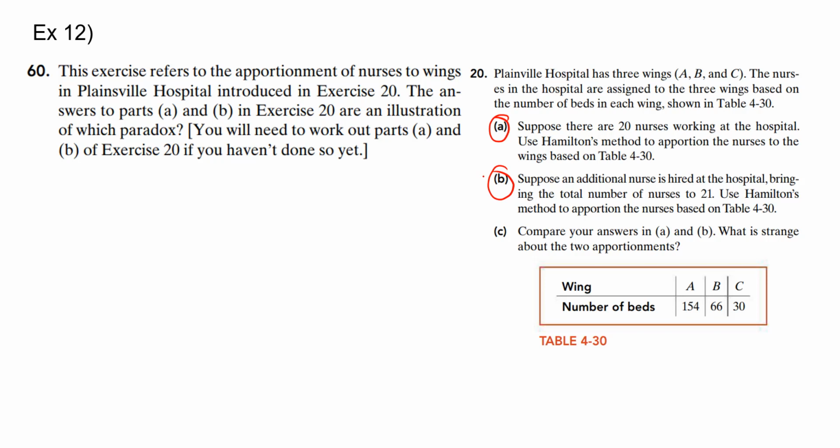Those are the three. So suppose there are 20 nurses working at the hospital. Use Hamilton's method to apportion the nurses based upon this. Suppose an additional nurse is hired at the hospital, bringing the total nurses to 21. Use Hamilton's method of apportionment for the nurses based upon table 4.3.